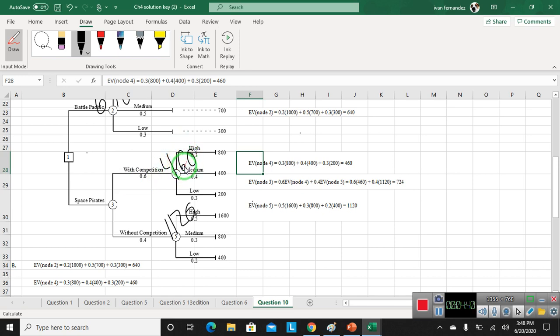You just computed it. And 0.4 times 1,120. So the expected value of node number 3 is going to be 0.60 times 460 plus 0.4 times 1,120. So it's going to be equal to 724.